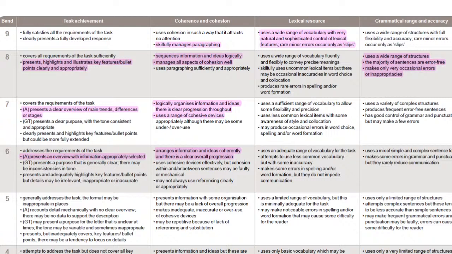So what does it mean? It means that for graphs or tables, we take these key features or key bullet things and we put this in the overview. So we write overall and we present only the main things.